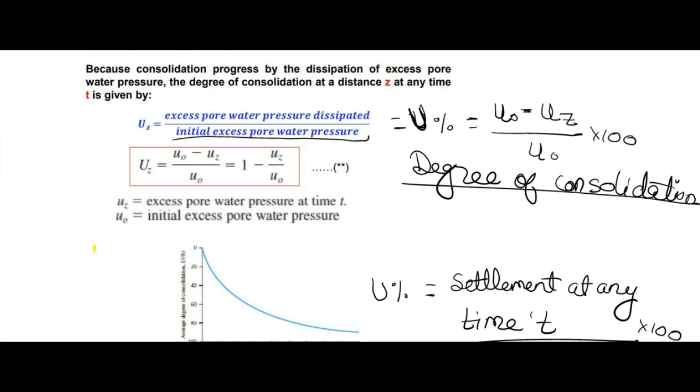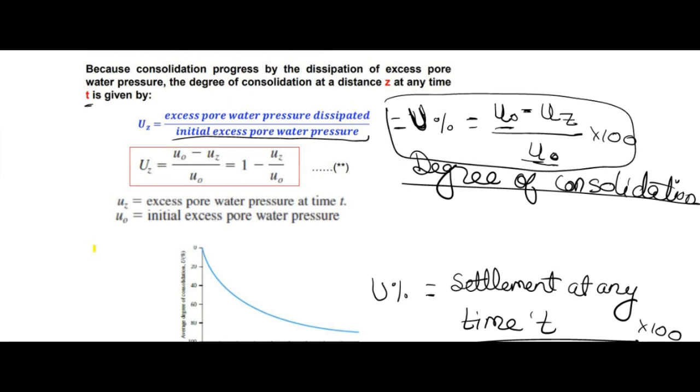So if it is 100% saturated soil, it will have a certain initial pore water pressure u0 obviously, and as the pressure increases on the soil, the pore water pressure gets dissipated, or comes out from the soil. How much pore water pressure dissipated in a given time period t, years, days, months, whatever it may be, from that we can find the degree of consolidation.